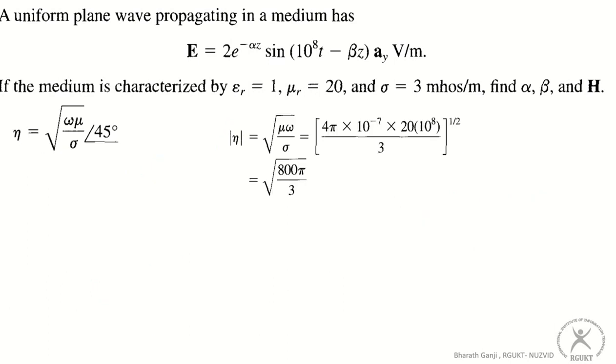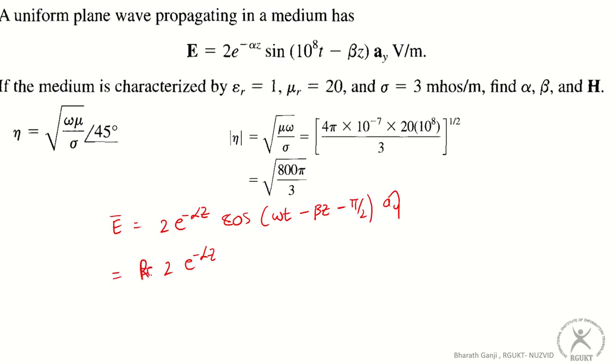So how do we calculate the value of magnetic field? To calculate the magnetic field, first you convert electric field into phasor form. I can write electric field as 2 e power minus alpha z into sine, or this can be written as cos of omega t minus beta z minus pi by 2 ay cap, or the same thing can be written as 2 e power minus alpha z, real part of e power j times omega t minus beta z minus pi by 2 into ay cap, right?